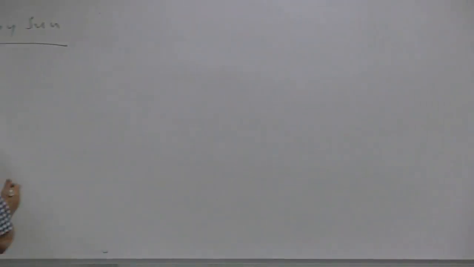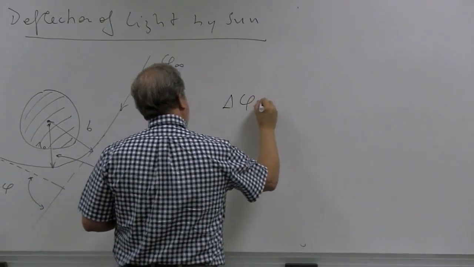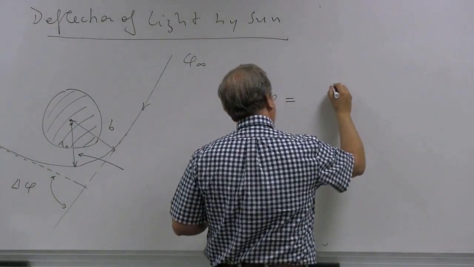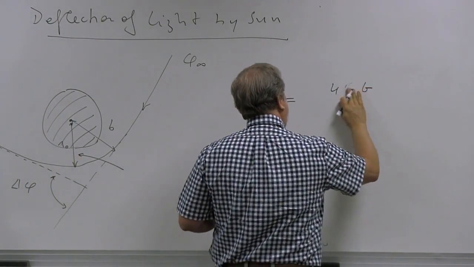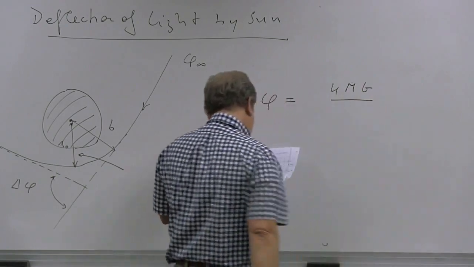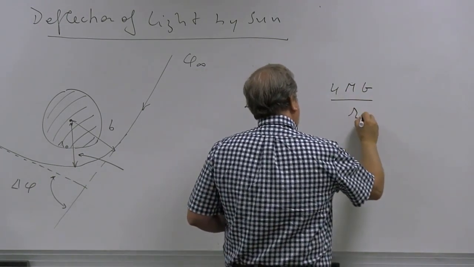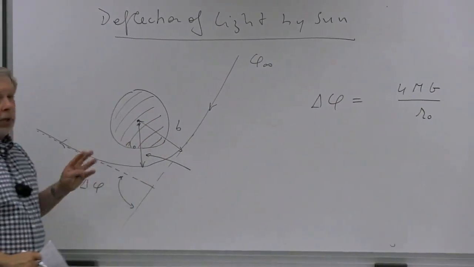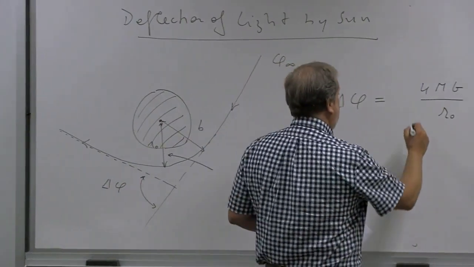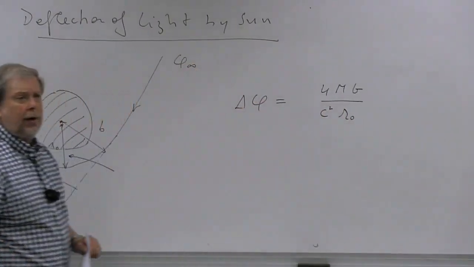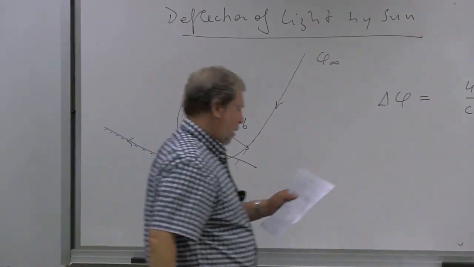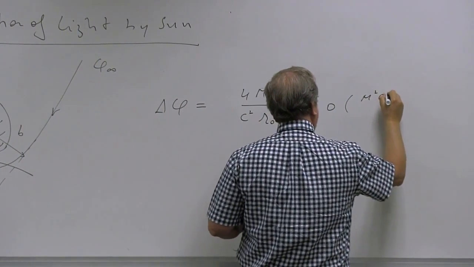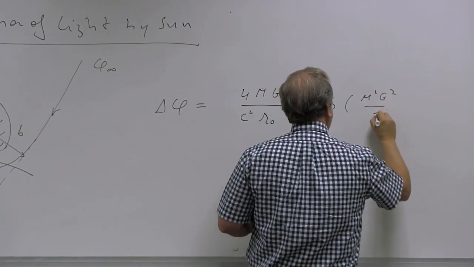And the answer is as follows: delta phi is equal to 4 mg divided by r naught, the distance of closest approach, which is basically the radius of the sun. If you put the speed of light, then you get a c squared here as well, plus terms which are of order m squared g squared over r naught squared.